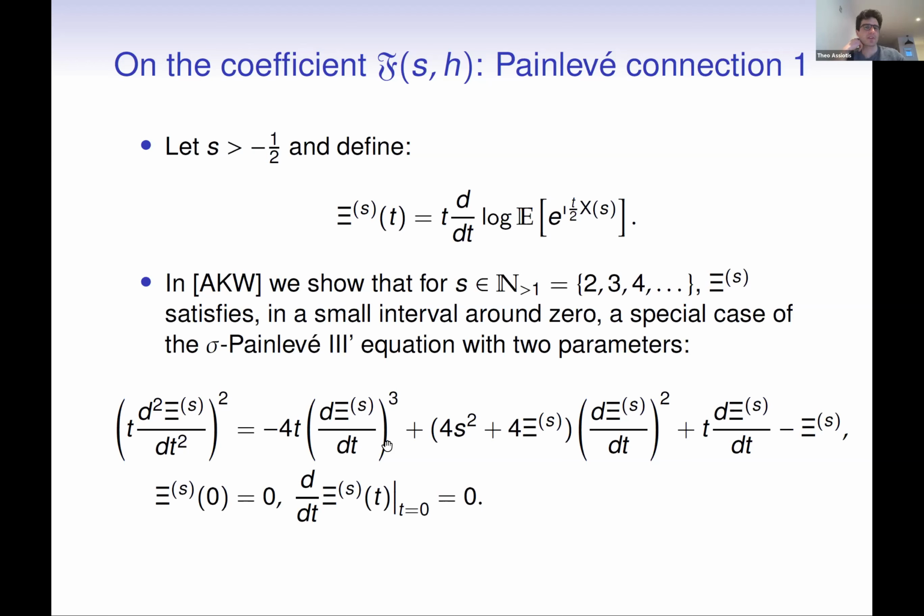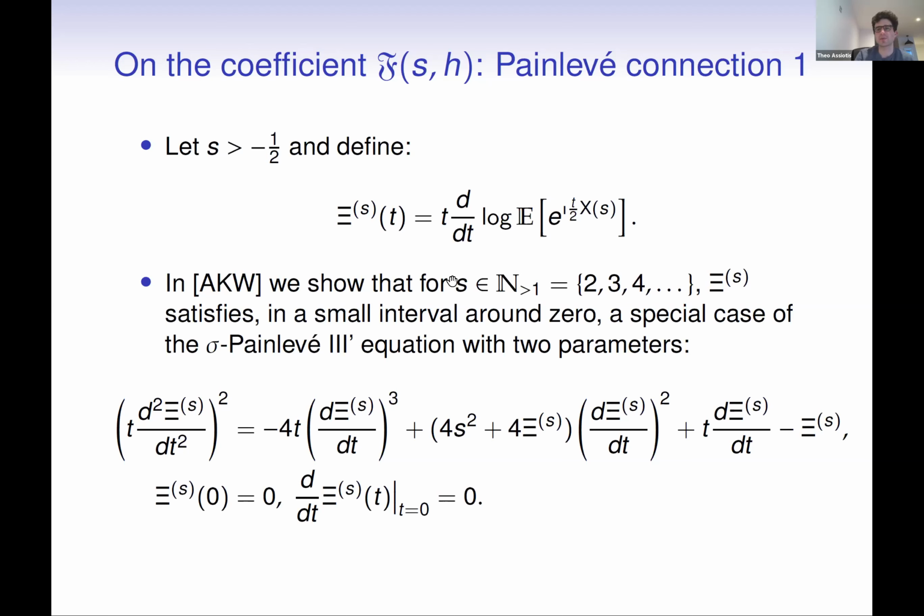So let me say a couple of things about why we have these restrictions. First of all, we have this restriction for integers because we take as input the result that I mentioned earlier by the 7 author paper, where the result was proven for finite and for integers.